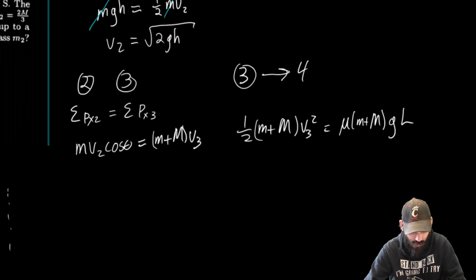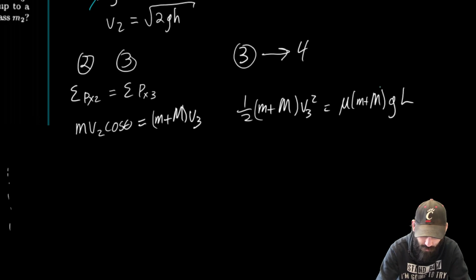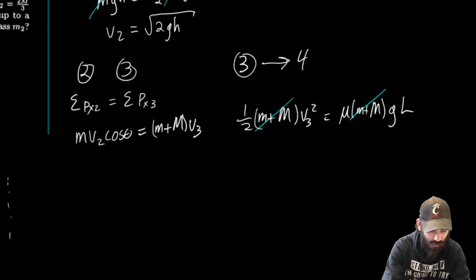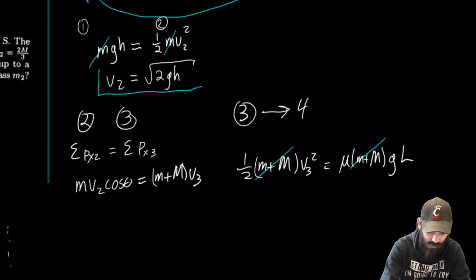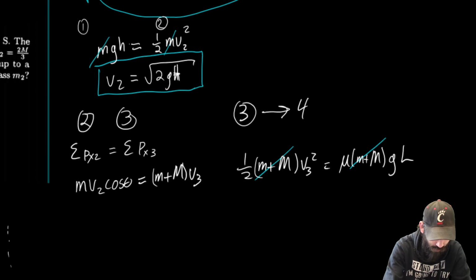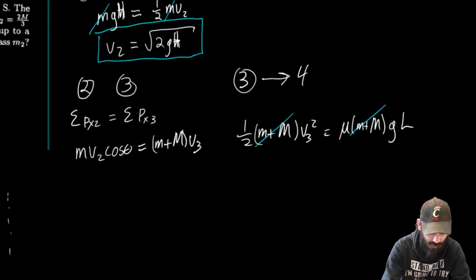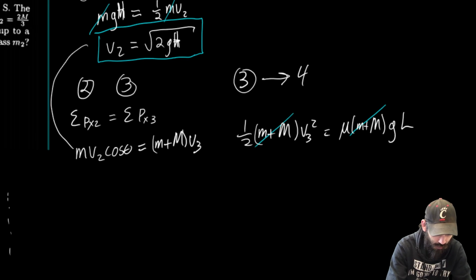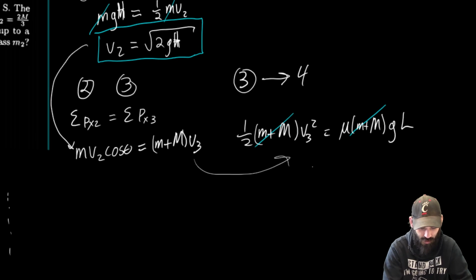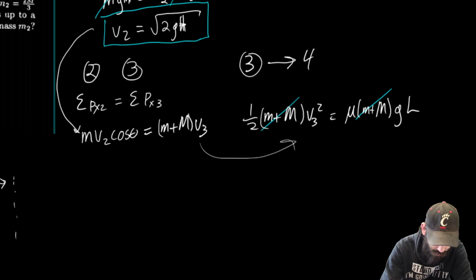Okay, so now we have a set of equations that we can use in order to solve this. Here's our first equation, because ultimately what we want is this height h, which is actually capital H. So we have the height of capital H. We can take this, plug it in here, then take this v3 and plug it in there. So let's see what we end up having here.